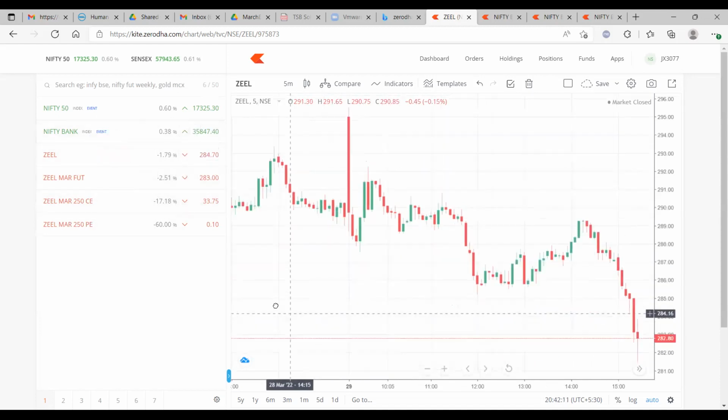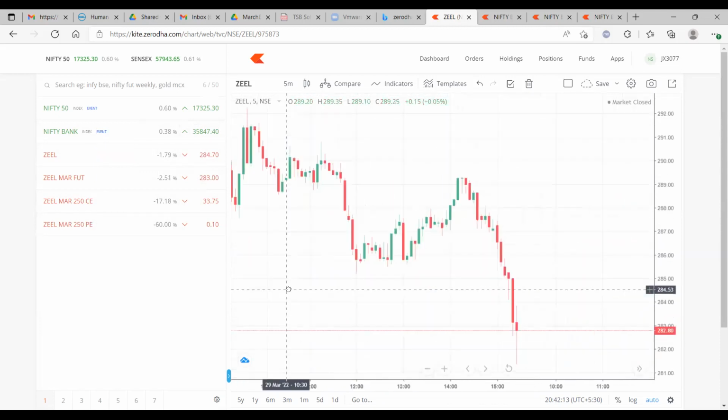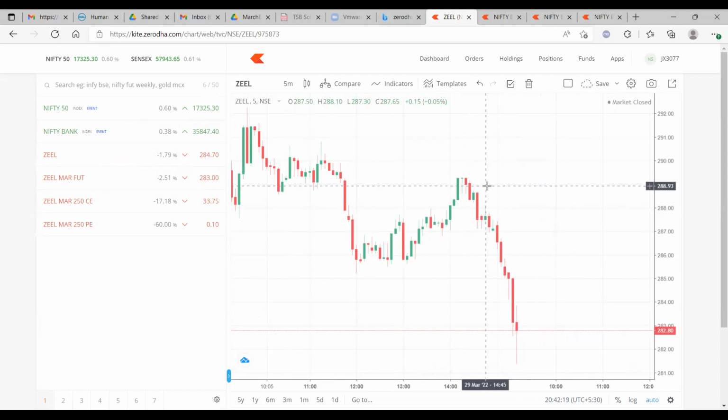So now, for example, today what happened here? From here to here, the ZEAL stock fell. So when I get an indication that it is going to go down, what am I going to do? As a retail trader, I'm not just waiting for a buy call. Whenever the price of the stock goes down, there is an opportunity for me to place a sell call.